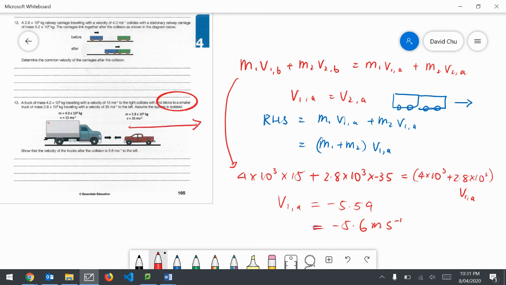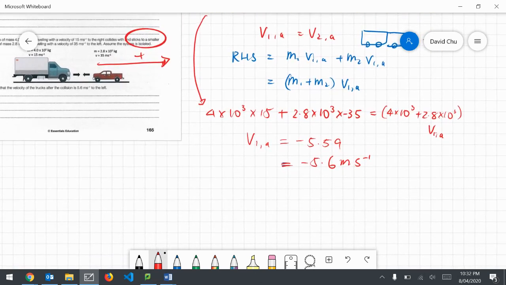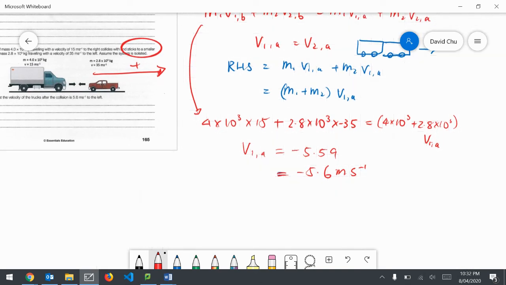It doesn't hurt if you start drawing this to begin with, so we know that positive is towards the right. Now I know for a fact that this one is an inelastic collision. If you would like to, you can go through the calculation.